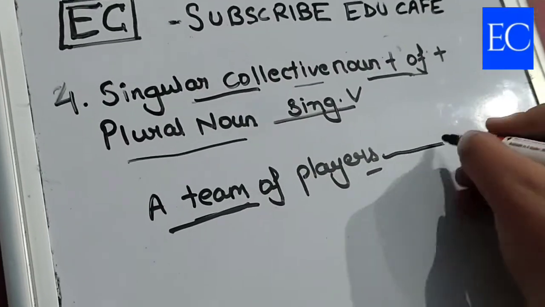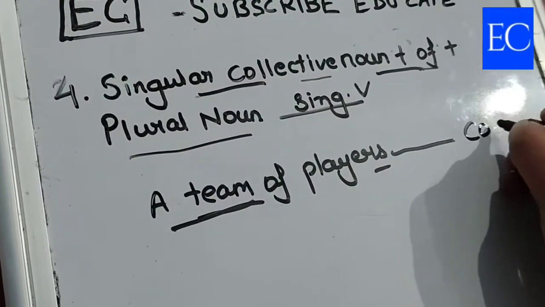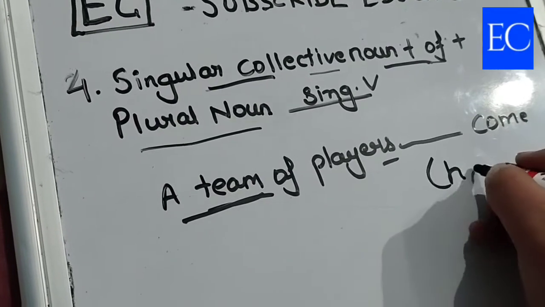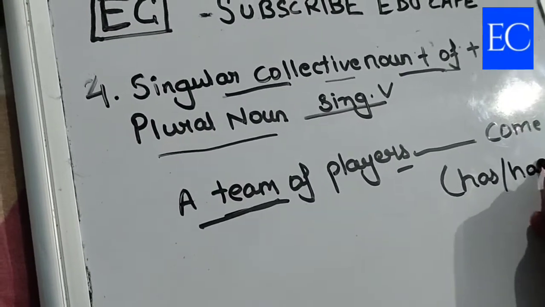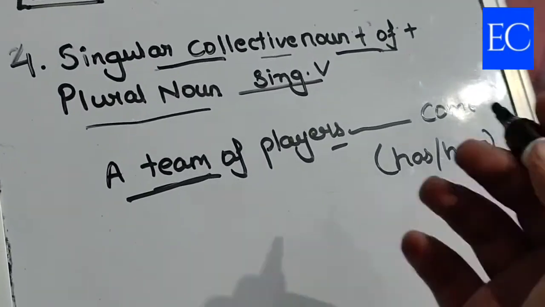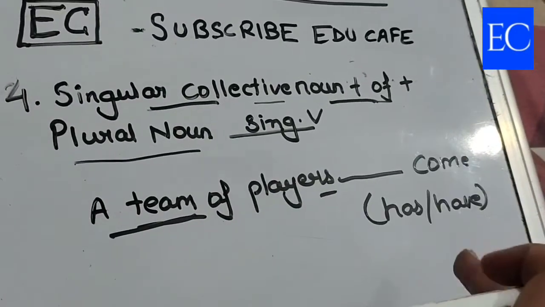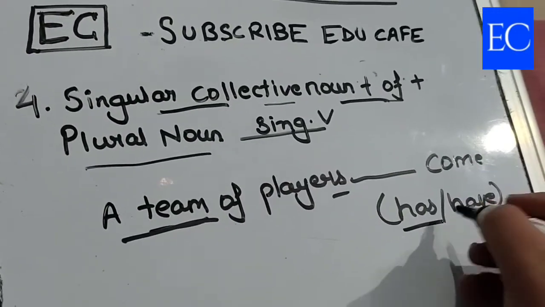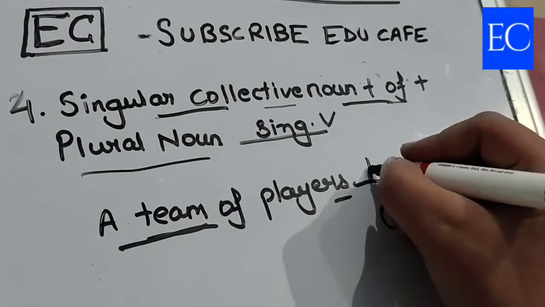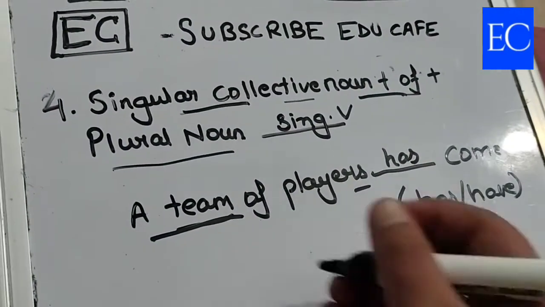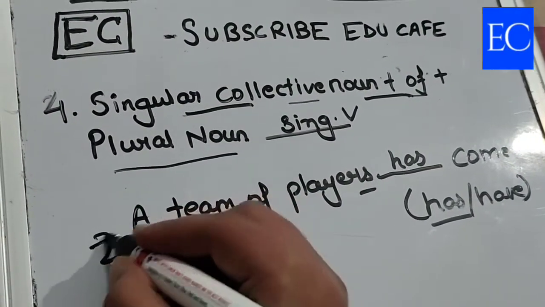And I have to add something here, and the options are has, have. So from the fourth rule that we have studied in this subject-verb agreement, I have to add the singular one, which is has. So this type of question can be solved by this method.